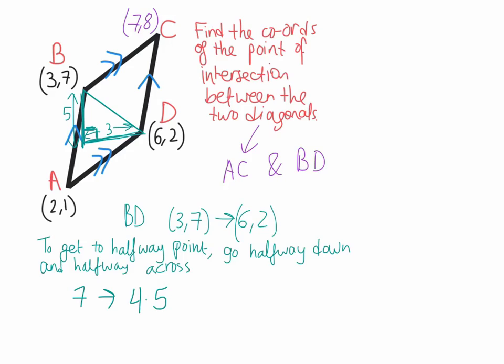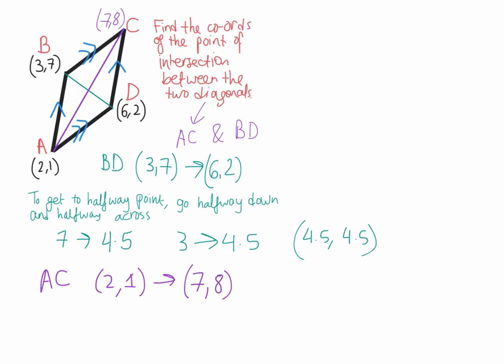And then to get halfway across, we will go from 3 towards 6, but only half that distance. So 3 divided by 2 is 1.5, so that means we're going from 3 to the point 4.5 for the horizontal coordinate. So we figured out that the halfway point of the diagonal BD is at the coordinates 4.5, 4.5.